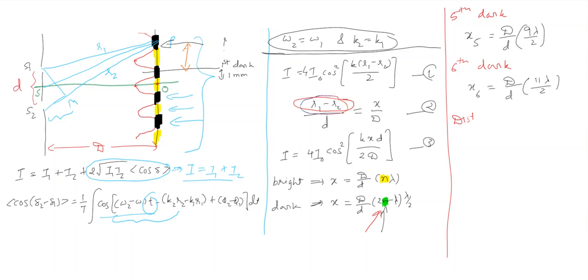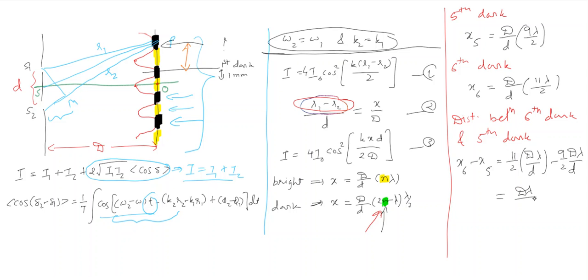Now, distance between consecutive dark. So the distance between the 6th dark and the 5th dark, what will it be? I can write it as x6 minus x5, that is 11 by 2 D lambda by d minus 9 by 2 D lambda by d, and check the answer, it will be D lambda by d.